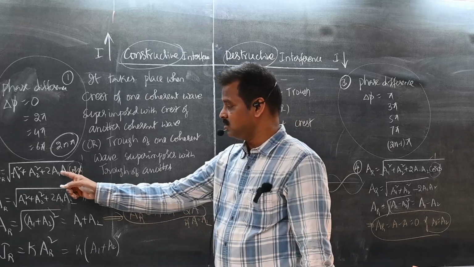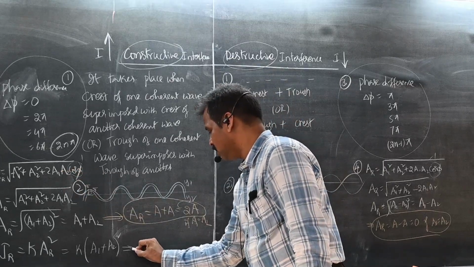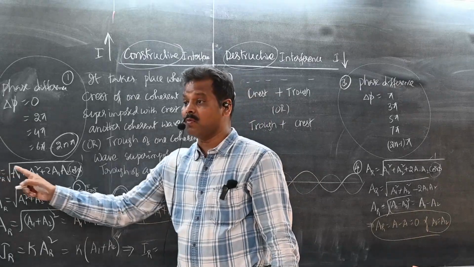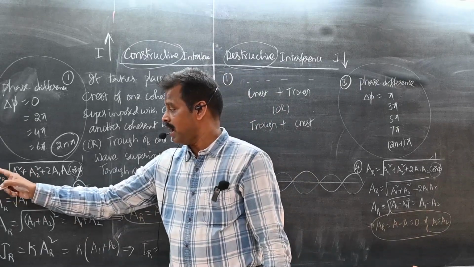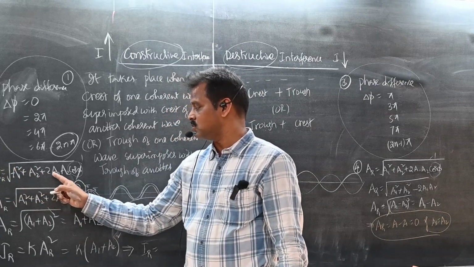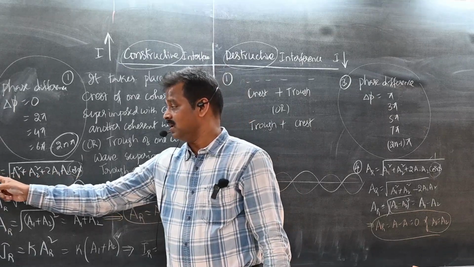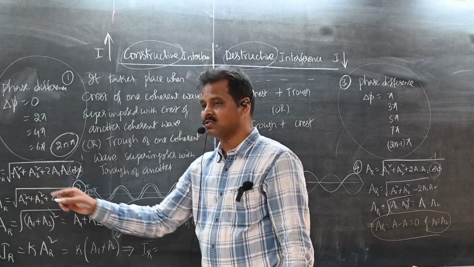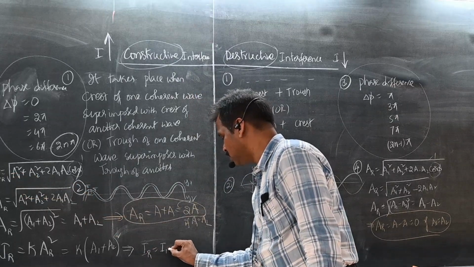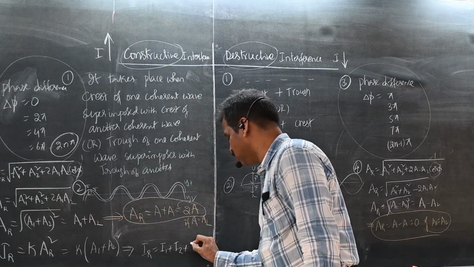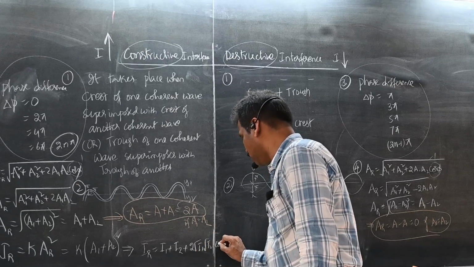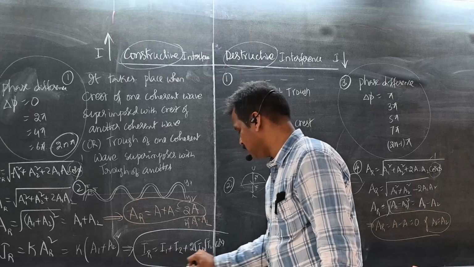Or if you take this equation, AR square is equal to A1 square plus A2 square plus 2A1 A2 cos phi. So K AR square is I, K A1 square is I1, so I1 plus I2 plus 2 root I1 I2 cos phi. This is the resultant intensity.